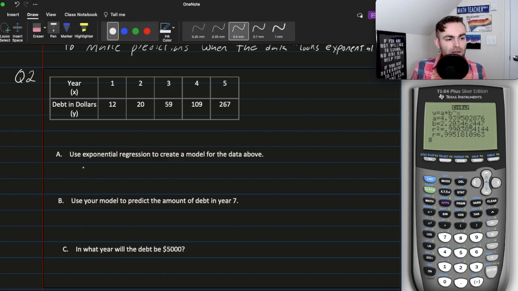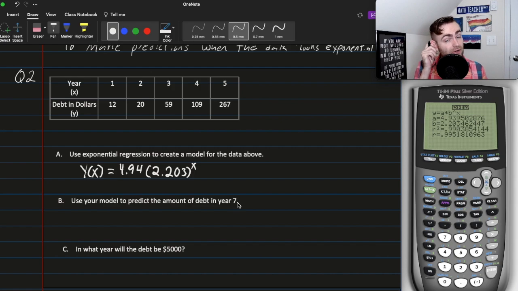So we get y of x, because we have y and x here, is equal to a, which is 4.9395. That actually rounds up, so 4.94, times our b, which is 2.203, to the power of x.